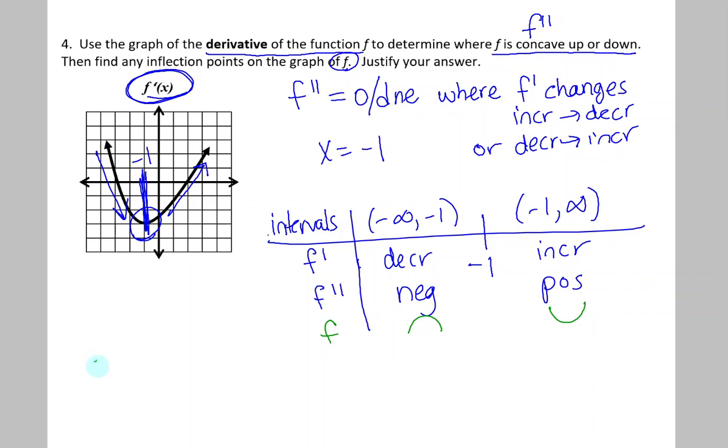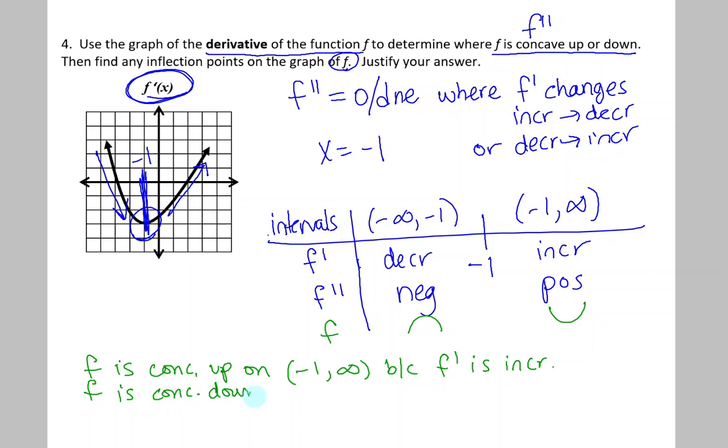So here's how we'll write our answer. f is concave up on the interval -1 to infinity because f prime is increasing. Because we're given a graph of f prime, that's how we'll justify our answer. And then f is concave down on the interval -infinity to -1 because f prime is decreasing.